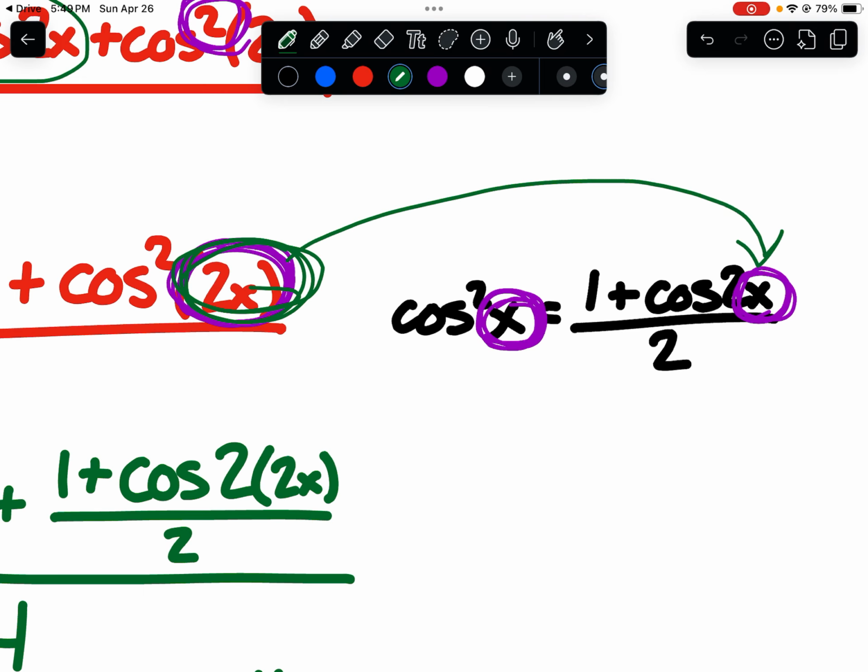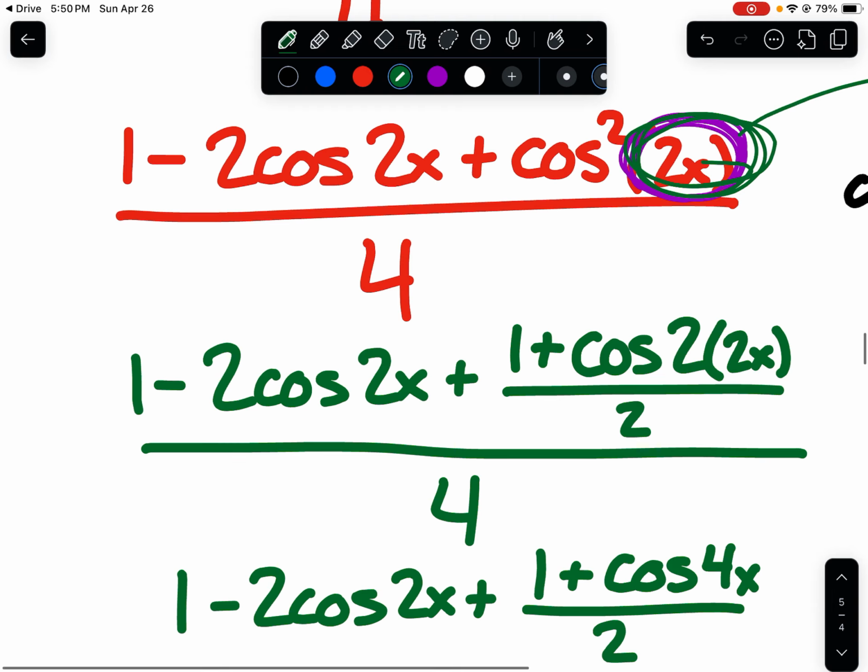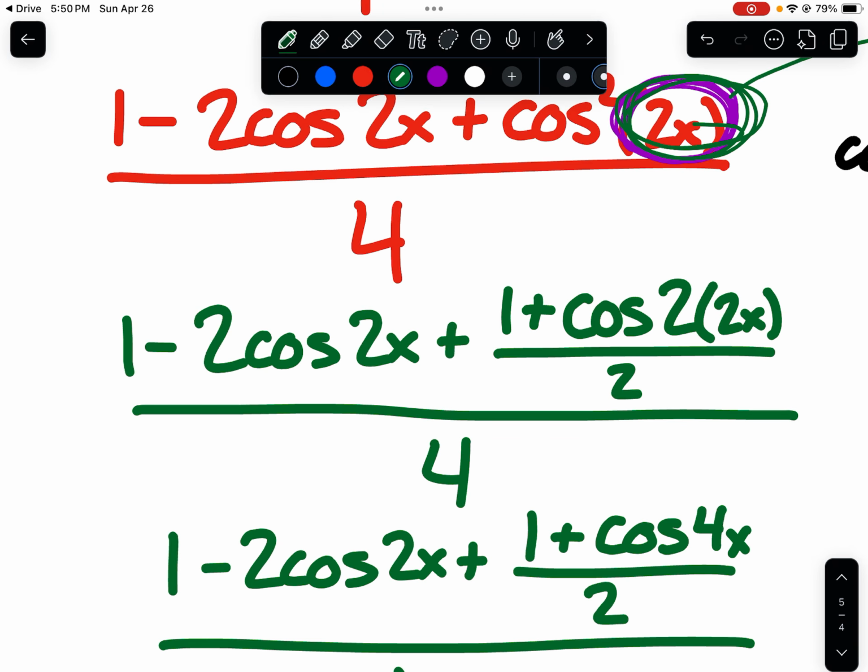So ultimately what's going to happen is this 2x that I have in my problem is going to get plugged in for x in my power reducing formula. So what that's ultimately going to give me is the 2 that comes from my formula times the 2x angle that we have.